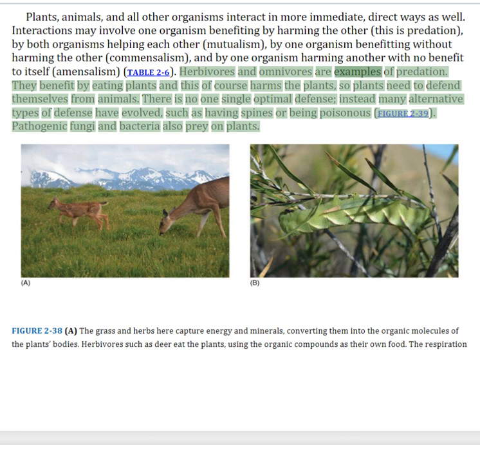Herbivores and omnivores are examples of predation. They benefit by eating plants, and this of course harms the plants, so plants need to defend themselves from animals. There is no one single optimal defense. Instead, many alternative types of defense have evolved, such as having spines or being poisonous. Pathogenic fungi and bacteria also prey on plants.